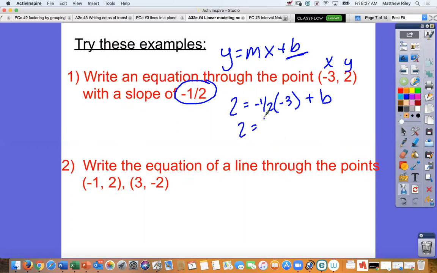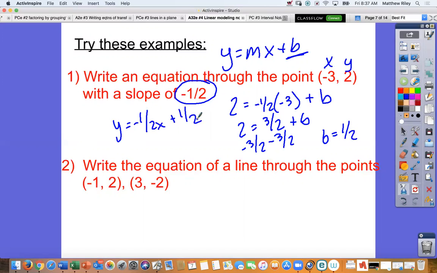Negative 3 times negative 1 is positive 3/2. So then I just subtract 3/2 from both sides. So 2 minus 3/2, so that's 4/2 minus 3/2, and I find that my b is 1/2, and then I plug it back in. So my m is still negative 1/2, that gets the x, plus 1/2. Any questions?